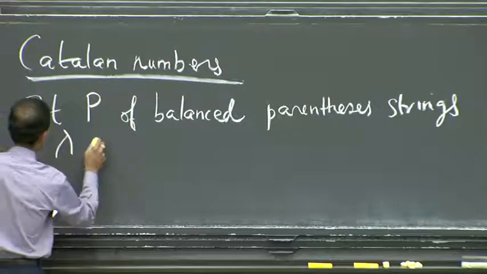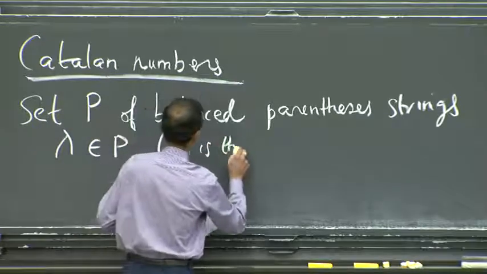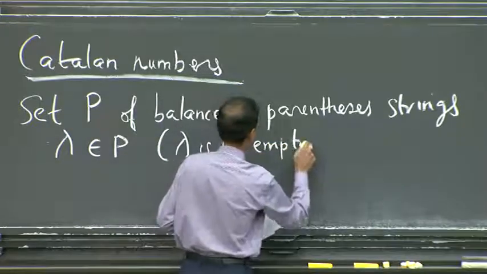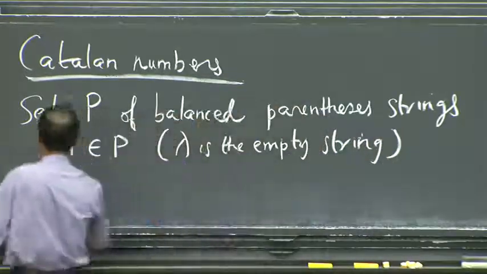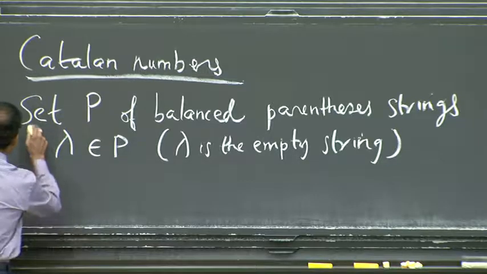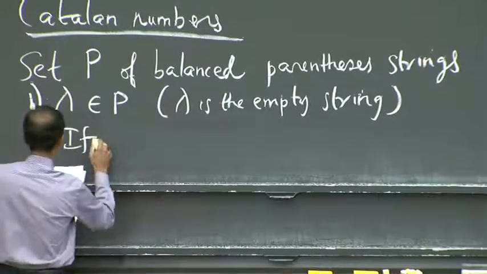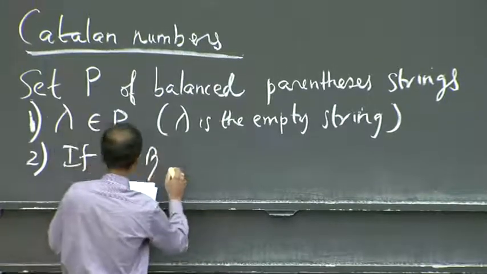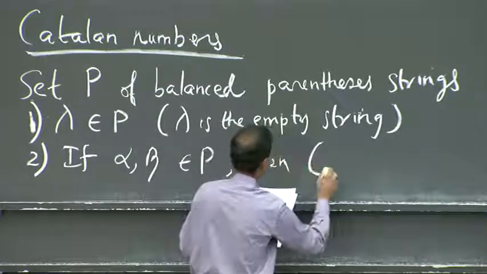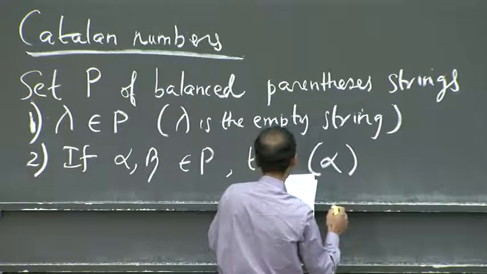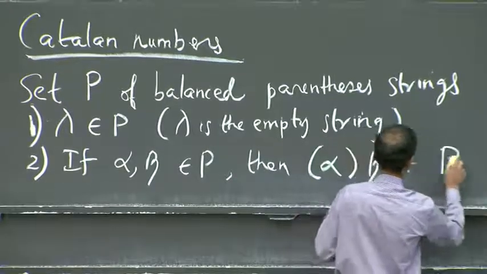We're going to have lambda belonging to P, where lambda is the empty string. And that's rule 1. Rule 2 is if alpha and beta belong to P, then I'm going to put an open paren on alpha, close paren, and then beta, and that belongs to P.